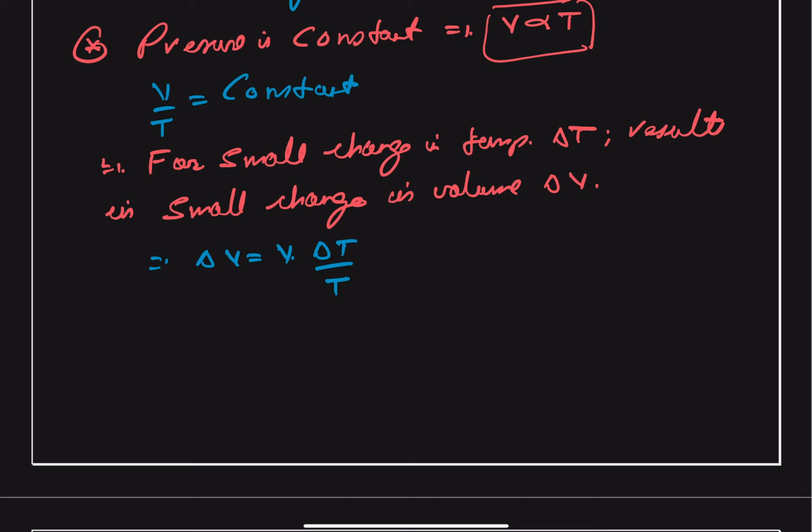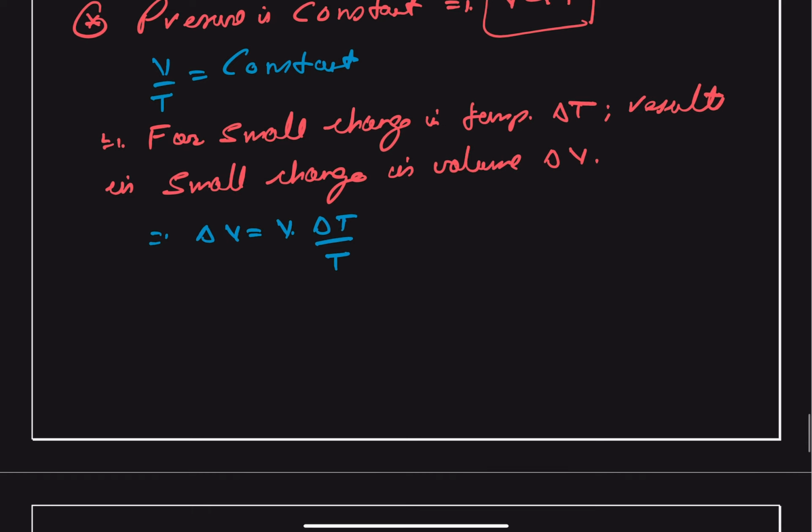And we are also given that our delta expression is equal to delta V divided by V multiplied by delta T. This is given to us.